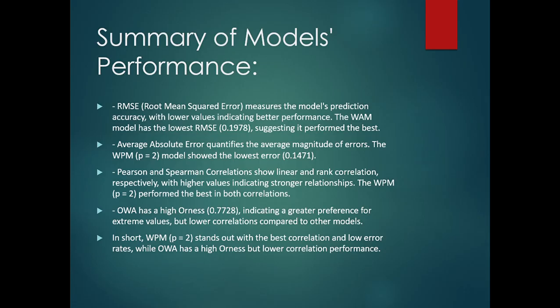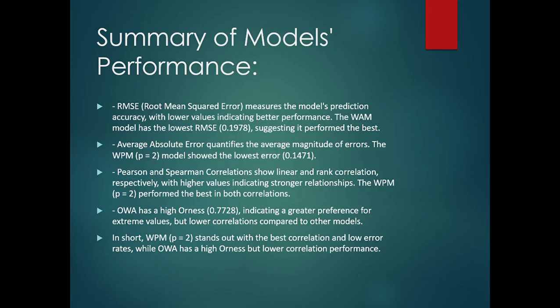So in the summary, the RMSE measures the model's prediction accuracy, with low values indicating better performance. Here the WAM has the lowest RMSE, so it performed the best, and for average absolute error, the WPM with power 2 showed the lowest error.